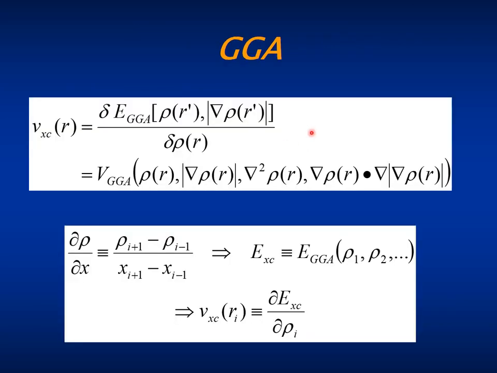Another issue worth mentioning is how SIESTA calculates the exchange and correlation potential. In DFT, the exchange and correlation potential is the functional derivative of the exchange correlation energy, which in the GGA approximation depends on the local charge and the gradient of the local charge.